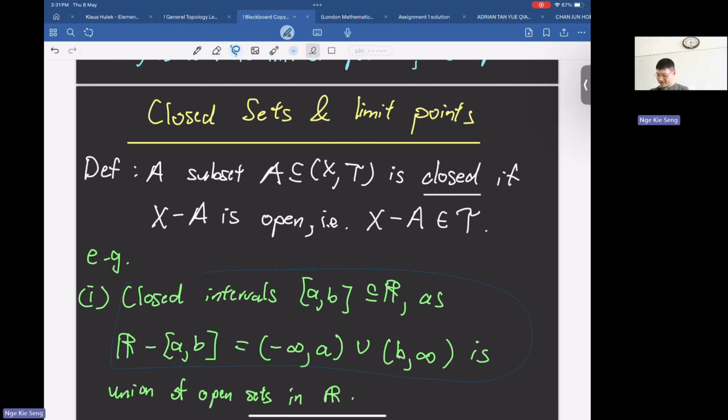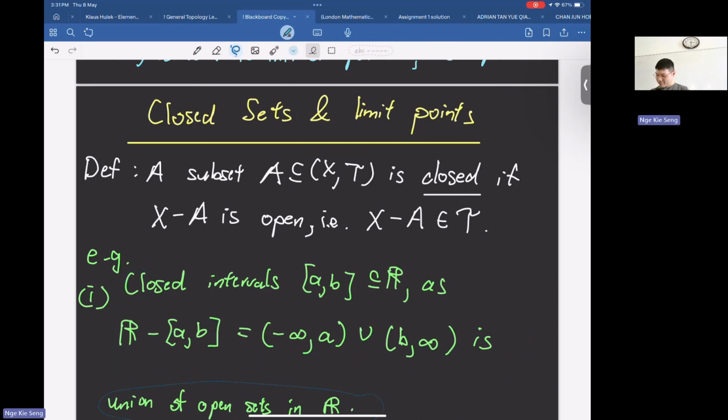What way did I cheat? Why is this infinity guy open? Can you write it as a union of some open sets or not?